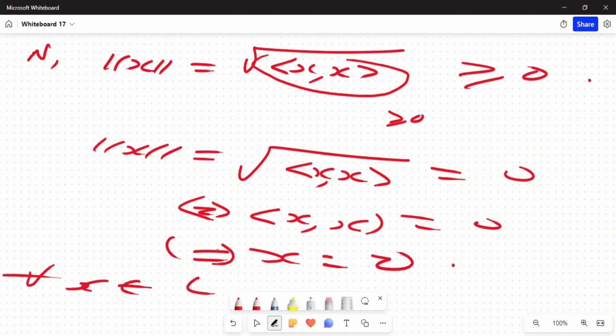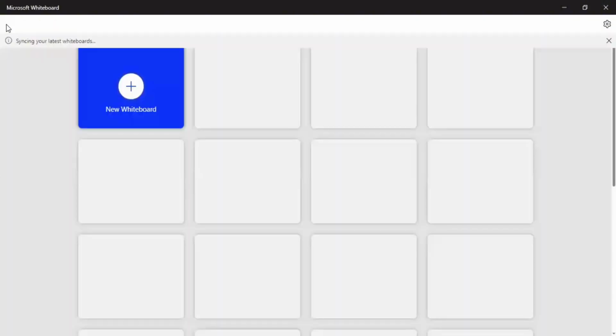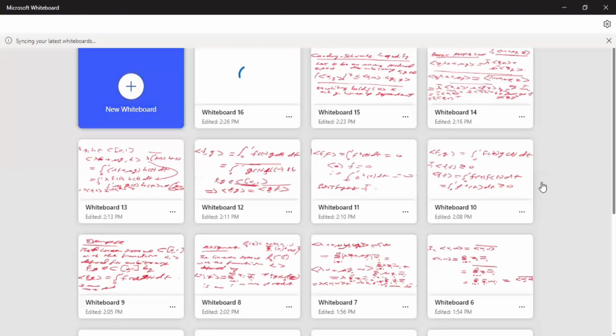And this will happen for all x in the domain of your function, which is E. So that satisfies axiom number 1. That's for N1. Let's go for N2.